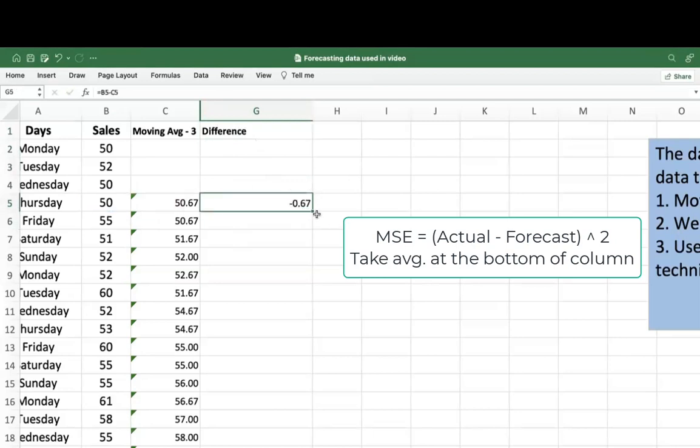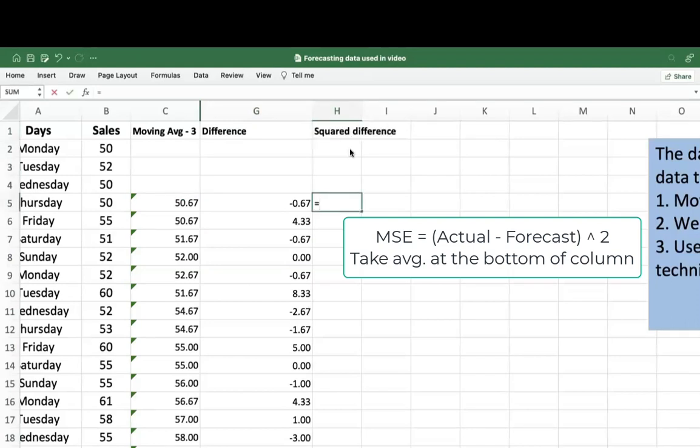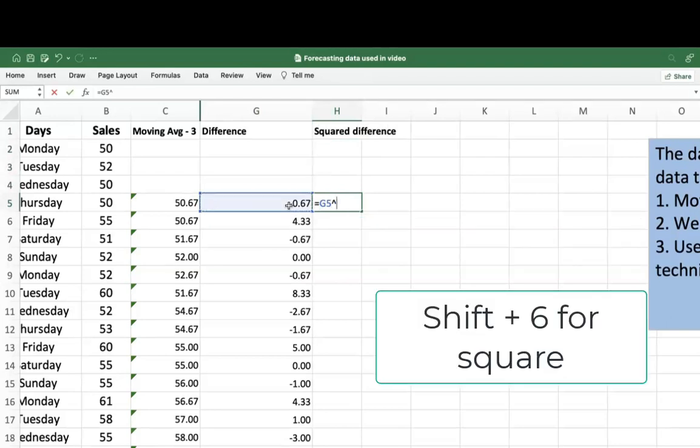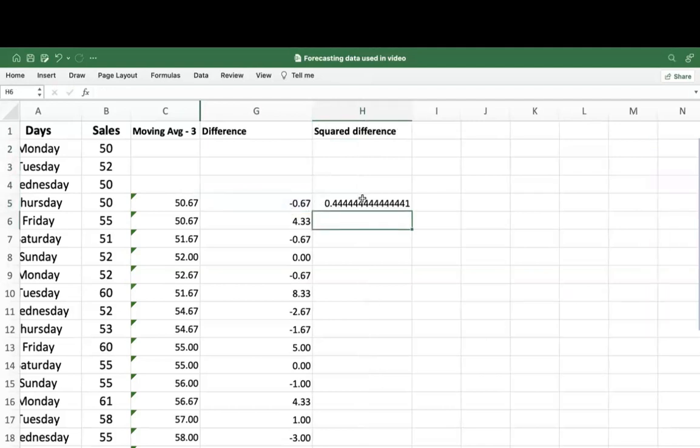And in the next, I want to get rid of this negative, so I will take square. This is equal to negative 0.67. Then if you press shift 6, you will get this type of symbol, and then 2, power 2. If you hit it, it will give you this one.